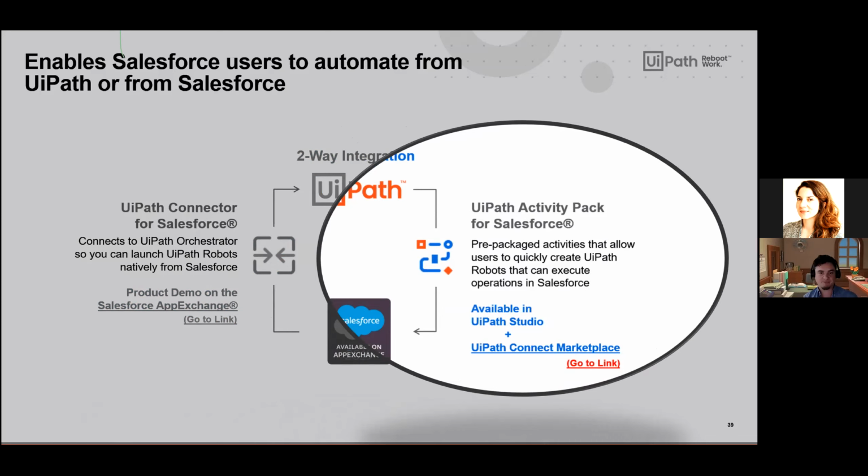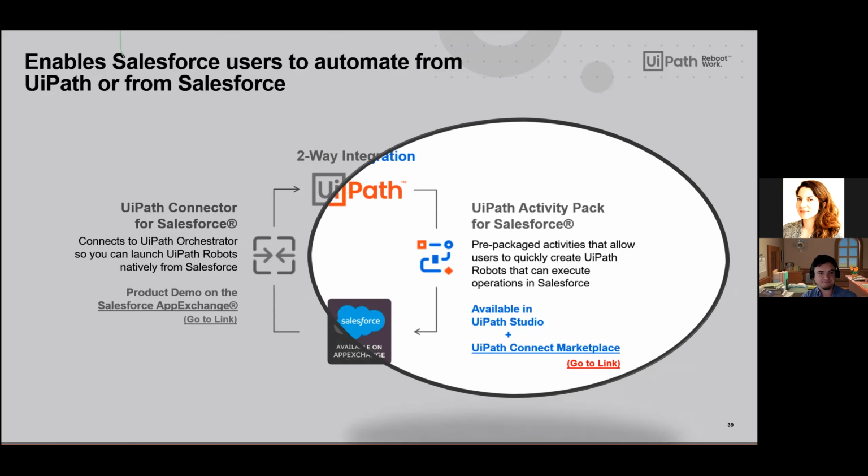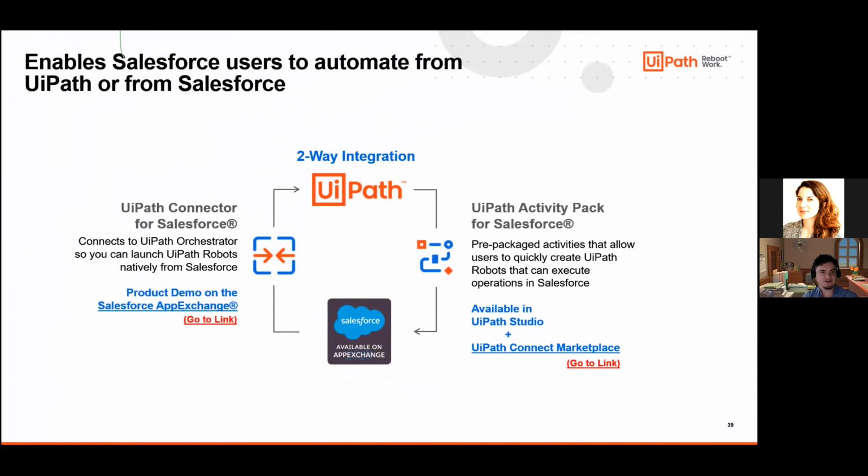So we have an abstracted way to give you the best experience to leverage this functionality. And you can get this from our marketplace and run it inside your robot. So that's the two ways of integrations in what we've built for Salesforce.